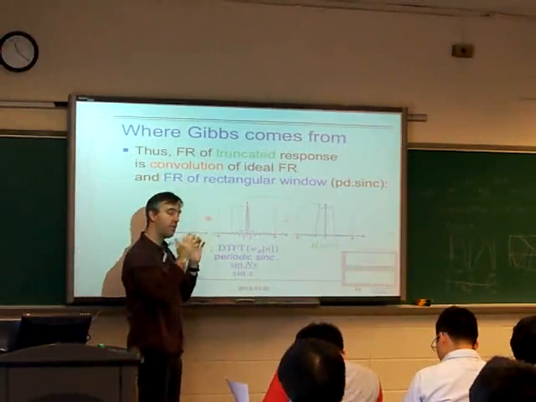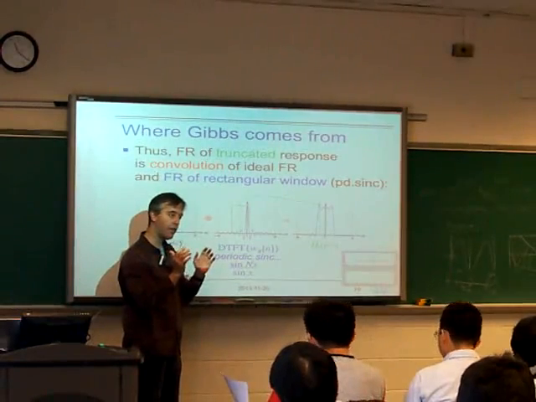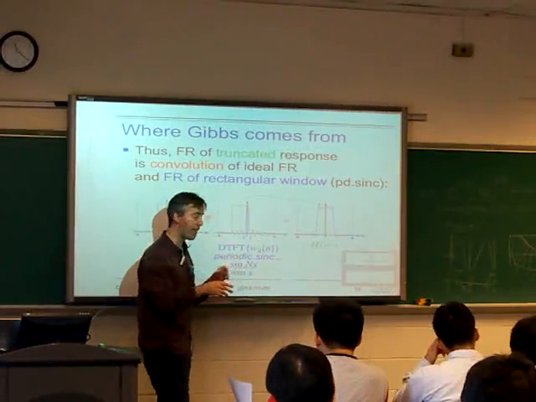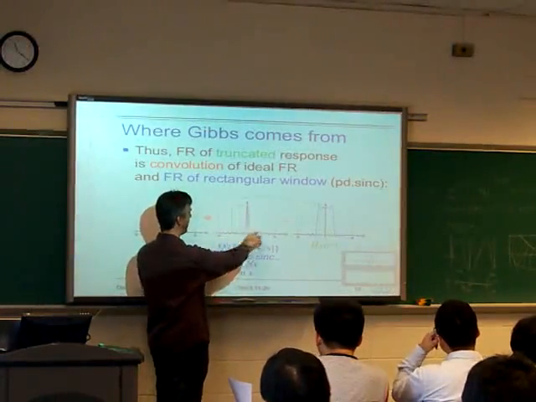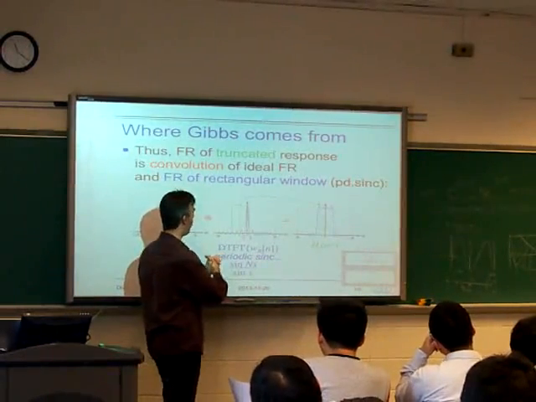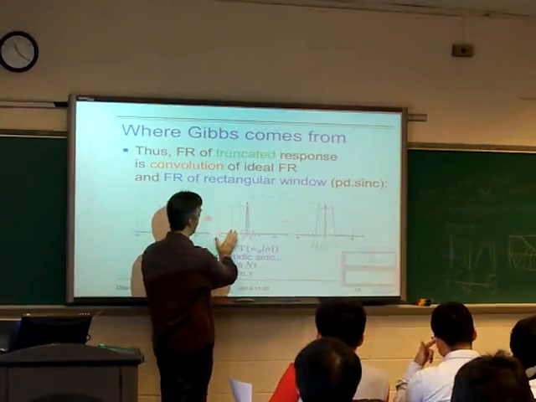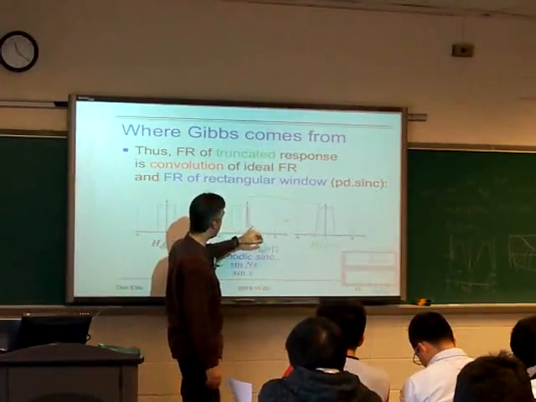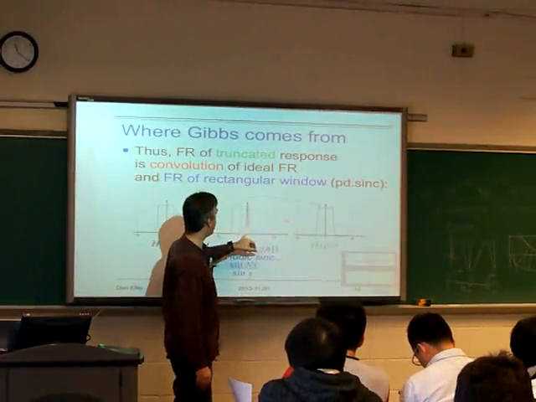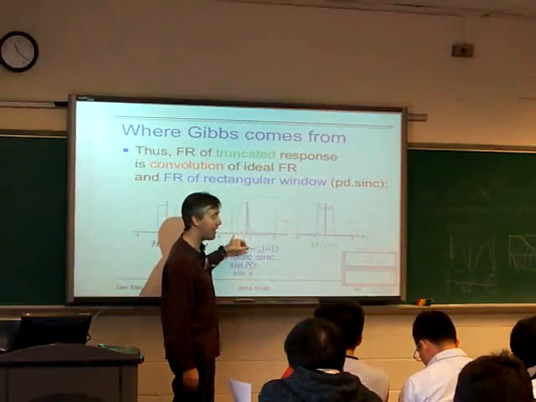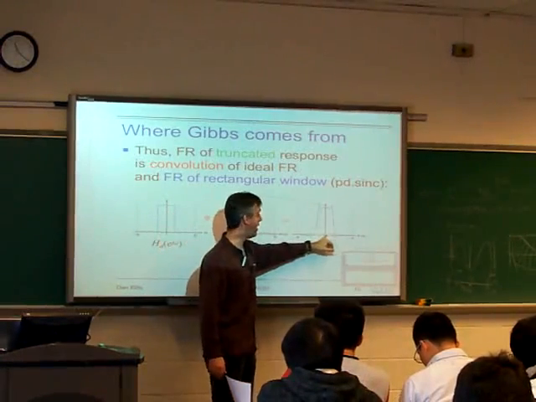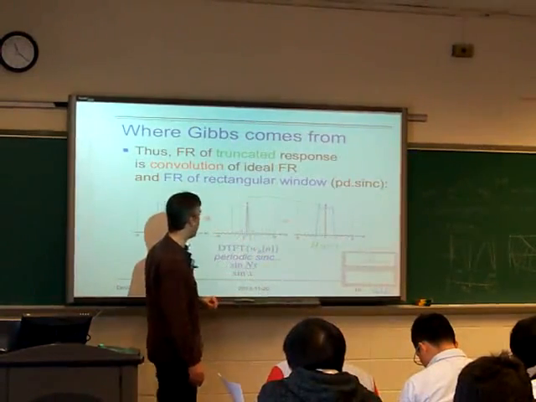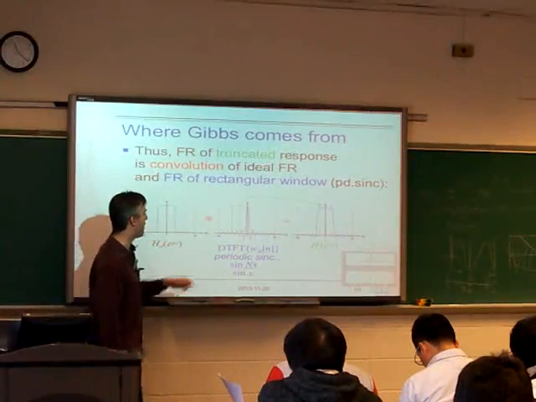Then we've got the rectangular window that we multiplied it with. The Fourier transform of the rectangular window is this periodic sinc, something that looks like a sinc function over the range minus pi to pi. And that's what we're sliding over here to get our result. And then it's like, okay, that looks about right. If I take the convolution of two things like this, this is the result I expect to get, with these ripples, which are basically the partial overlap between these two functions.